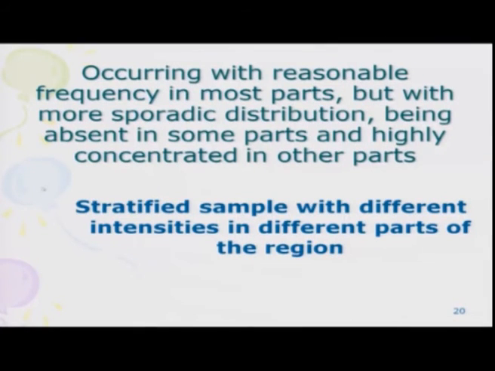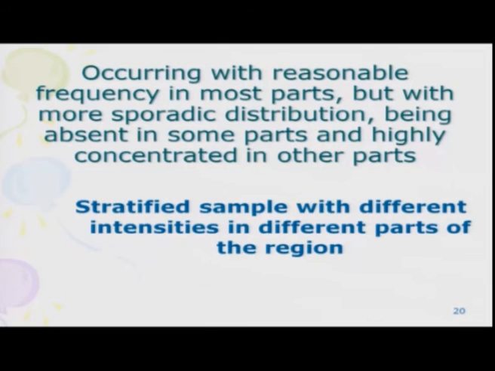There may be something occurring with reasonable frequency in most parts, but with a more sporadic distribution, being absent in some parts and highly concentrated in other parts. Although frequency is reasonable, it is concentrated in some parts and absent in other parts.